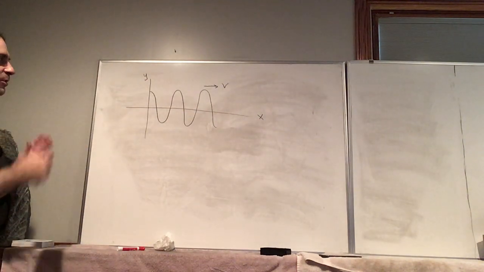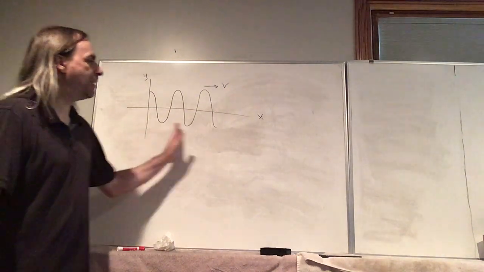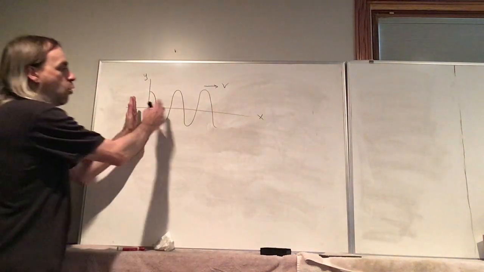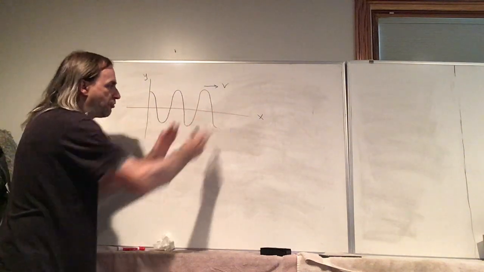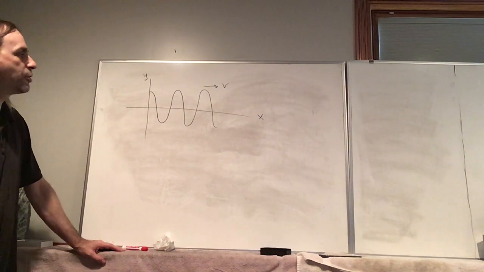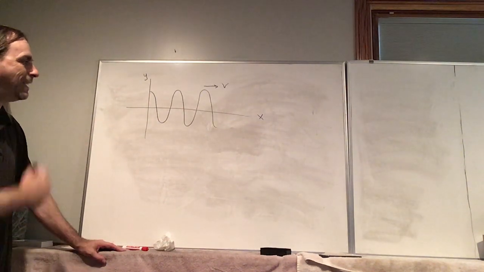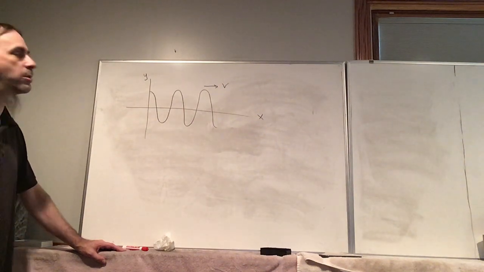So again, this would just be what the wave looks like at one moment in time. If you look at a different time, it's going to be different because this whole pattern has shifted. So we can visualize this as a wave on a string, for example. And again, this is just at one point in time. This is what the wave looks like.